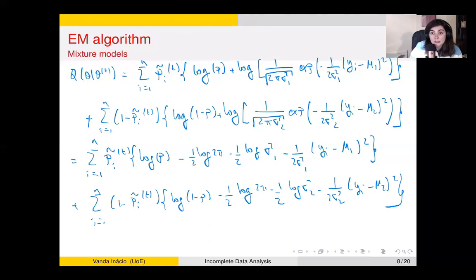And in the M step, I will take the derivative of my Q function with respect to my parameters that, as I have mentioned, are P, mu1, sigma 1 squared, mu2, sigma 2 squared. I will do the calculations for P, mu1 and sigma 1 squared; the remaining ones are similar, okay?